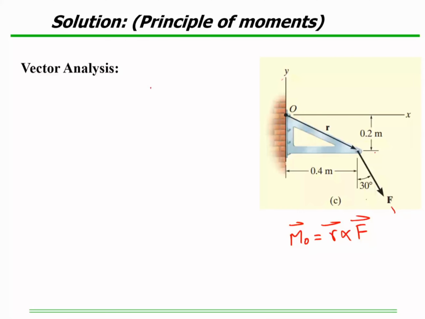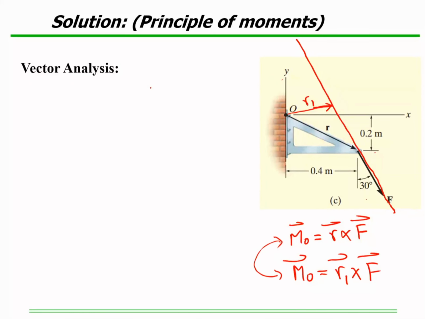Look, that's my first line, and I can take this as R1. So I can write M naught equals R1 cross F. They both will give you the same answer.